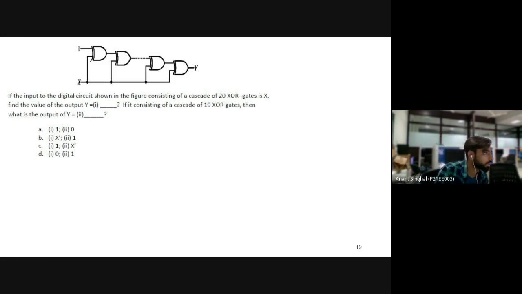Okay, I'll do it. So yeah, it is given that there are n number of XOR gates. You can see the input here is X and here there is 1. So there are a few properties of XOR that you need to know for this. If I do an XOR of X with 1, it will always act as an inverter.